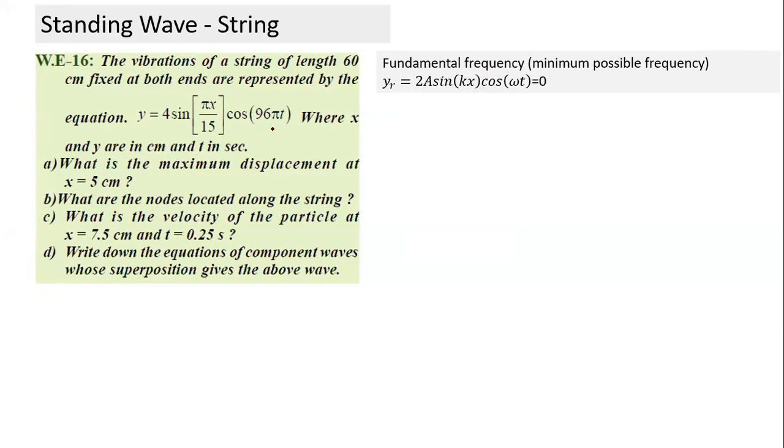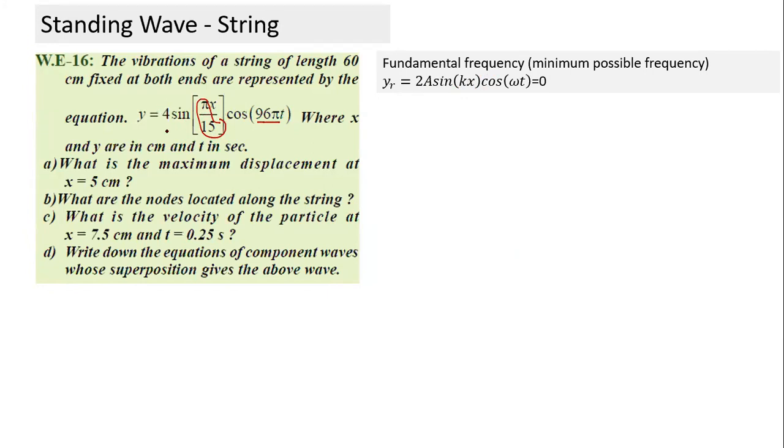From this equation, I can find out the value of omega. This term is omega. We can find the value of k, hence we can find out the wavelength also. And we can find out the wave speed also. The moment this equation is given, omega is known and the value of k is known. In this string, the speed at which the wave will travel is omega by k.